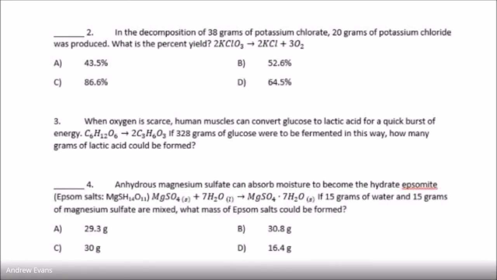So the correct answer would be A, 29.3, not the 30.8, which would come if magnesium sulfate were the limiting reagent. Okay.